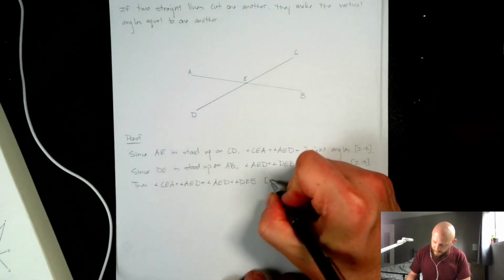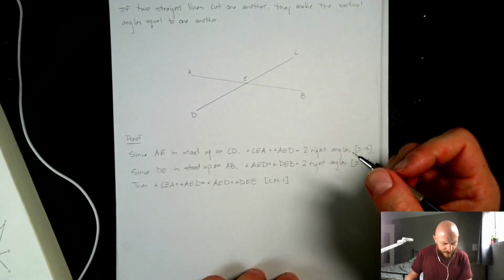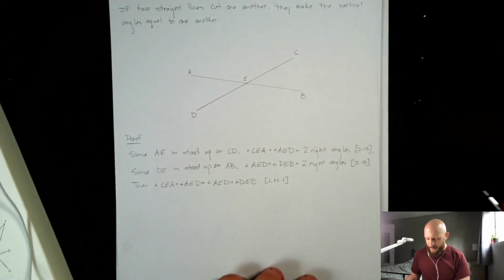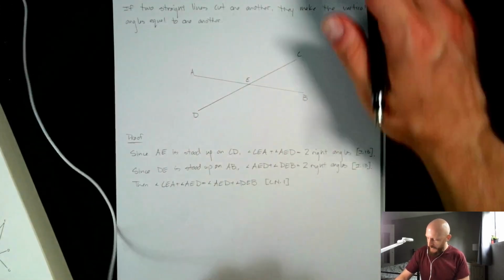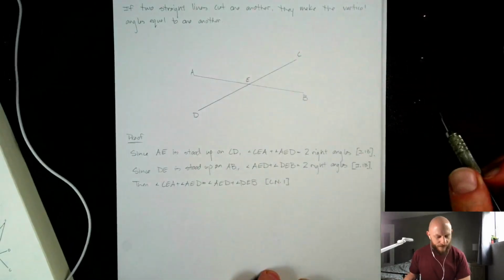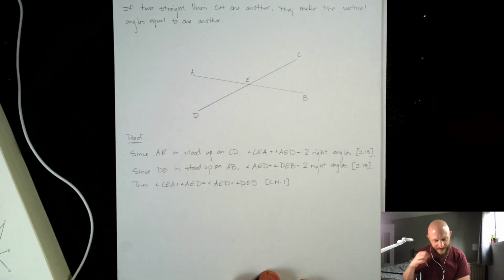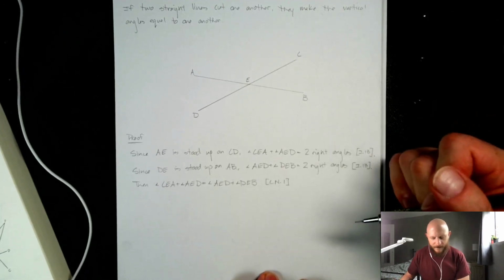So that's common notion 1. And I think, yeah, postulate 4, just because right angles are all equal to each other. But I think it's so obvious that I don't actually put it here. Common notion 1 is the main justification, in my opinion, for that line.